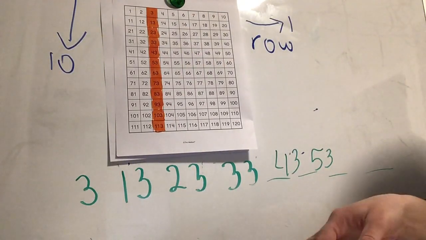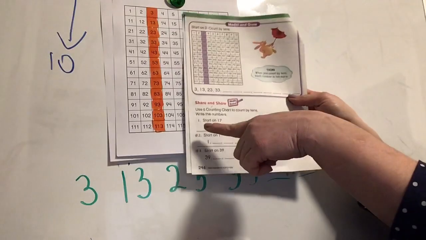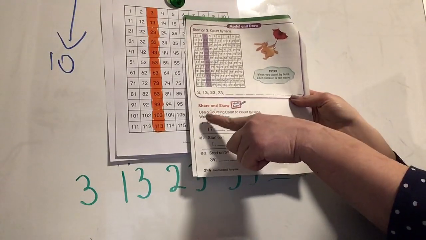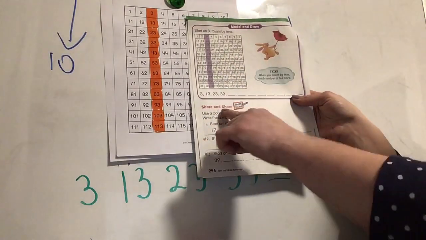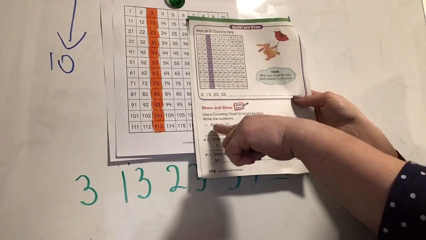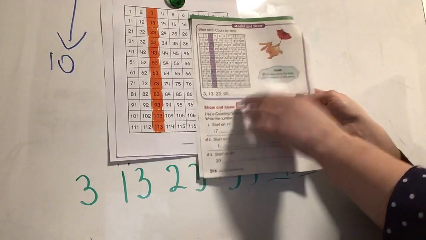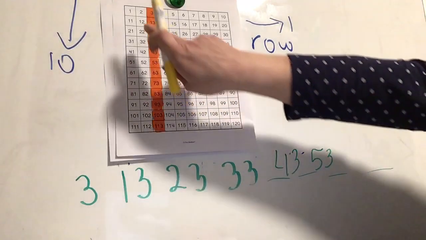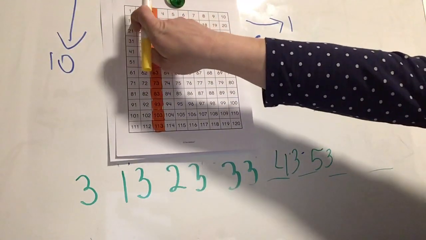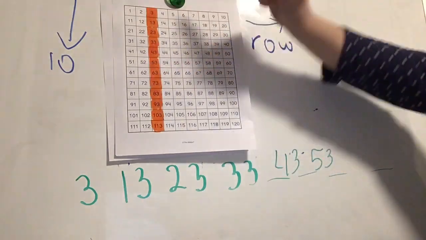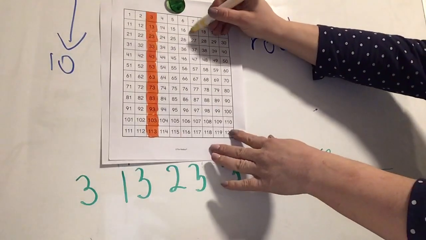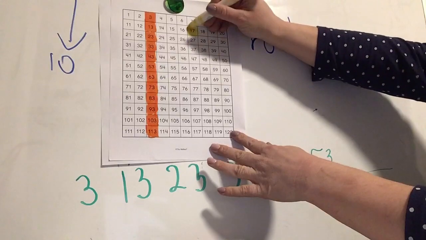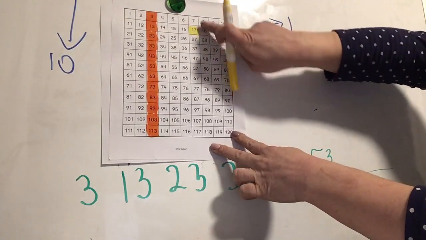So on your paper, share and show, you're going to be using the chart, and you're going to count by 10 and write the number. We're going to start at 17 this time. Find 17. Where's the, oh, 12, 13, 14, 15... oh, right here. So I started at 17. Now I'm going to go side or down.